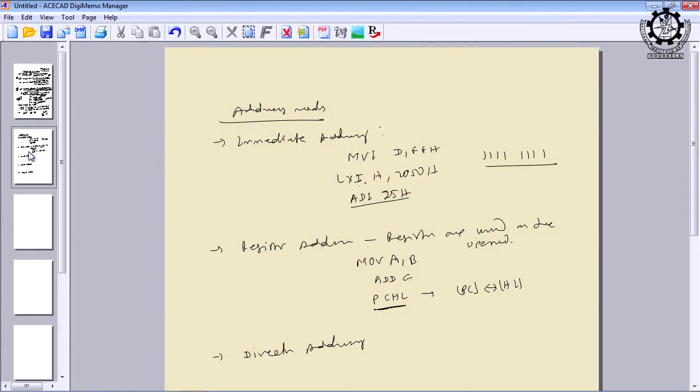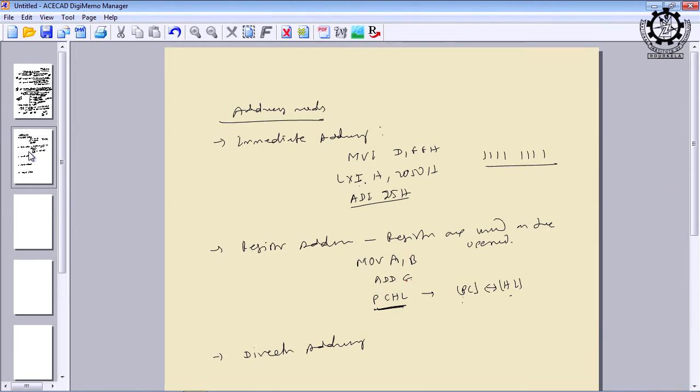So, what is PCHL? Program counter is a 16-bit register, and HL is a 16-bit register pair. So, PC content and HL content will be exchanged or swapped. HL content will be stored in PC and PC content will be stored in HL, and sometimes this is also required. We shall see in some programs these instructions are very useful; if you do not know this instruction, it will be more complicated to perform that task.